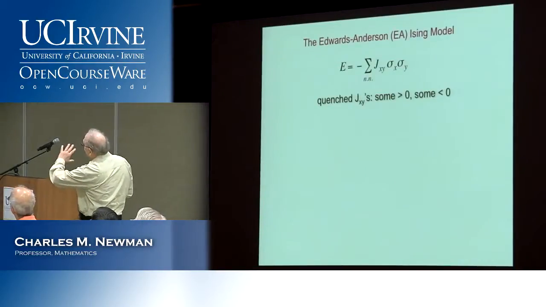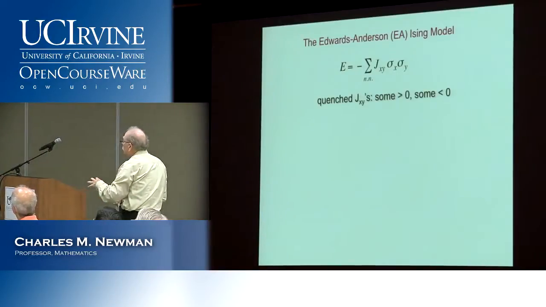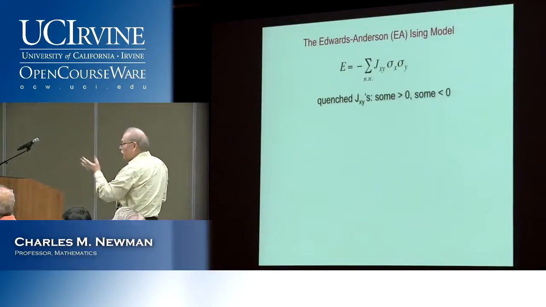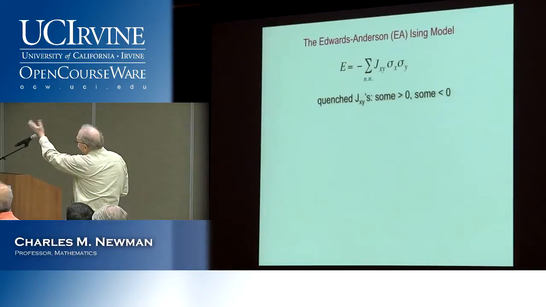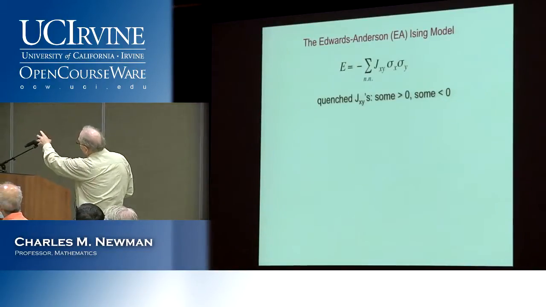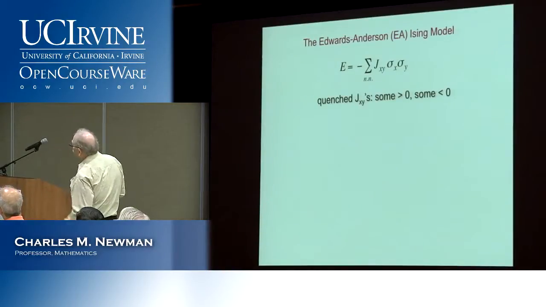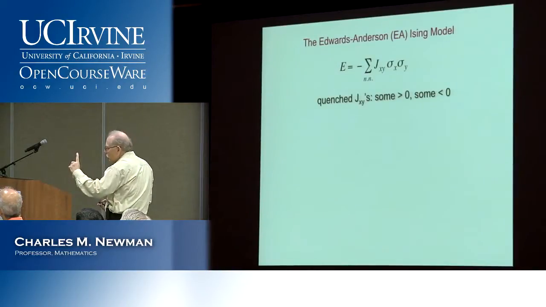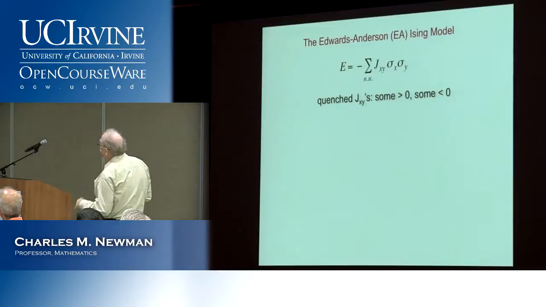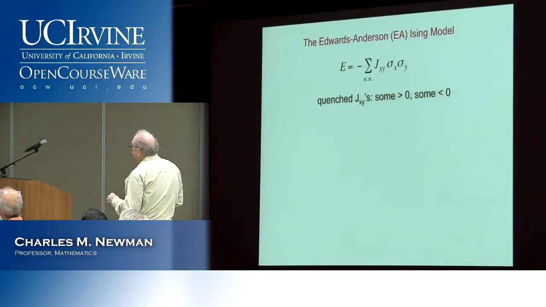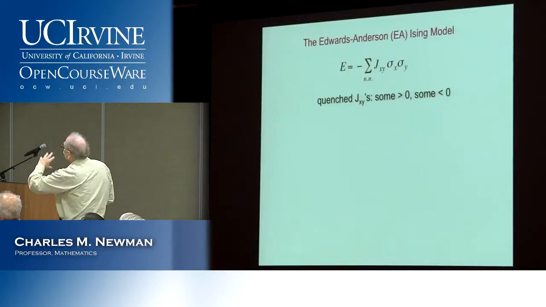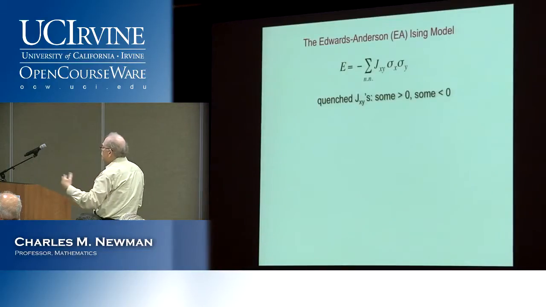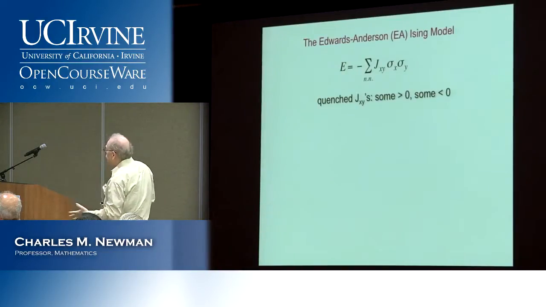So here's the mathematical model for the metallic alloy spin glass. It's extremely simple. It's a formula for the energy. The variables, the sigma x and y variables, take two values representing arrows pointing up or pointing down, plus or minus 1 values. And those coefficients, which say how the energy is, are randomly generated. That represents the quenched disorder of the system.